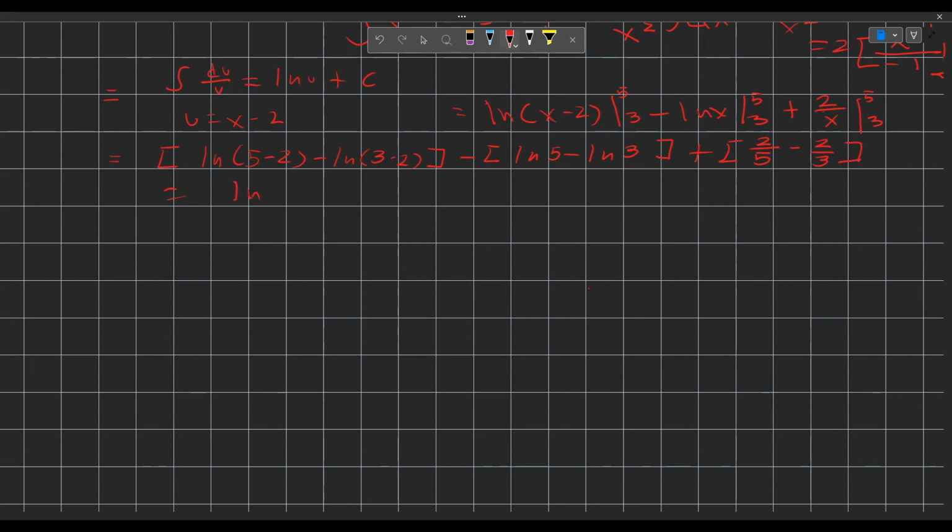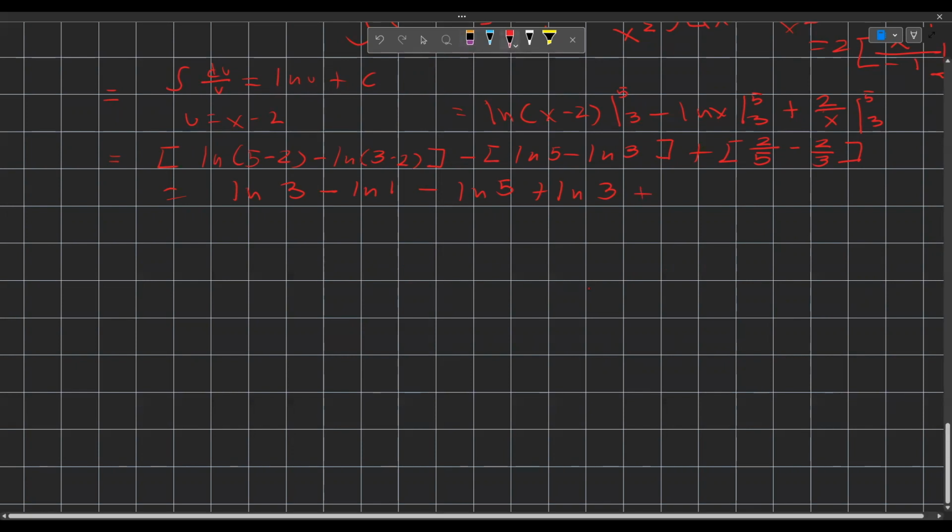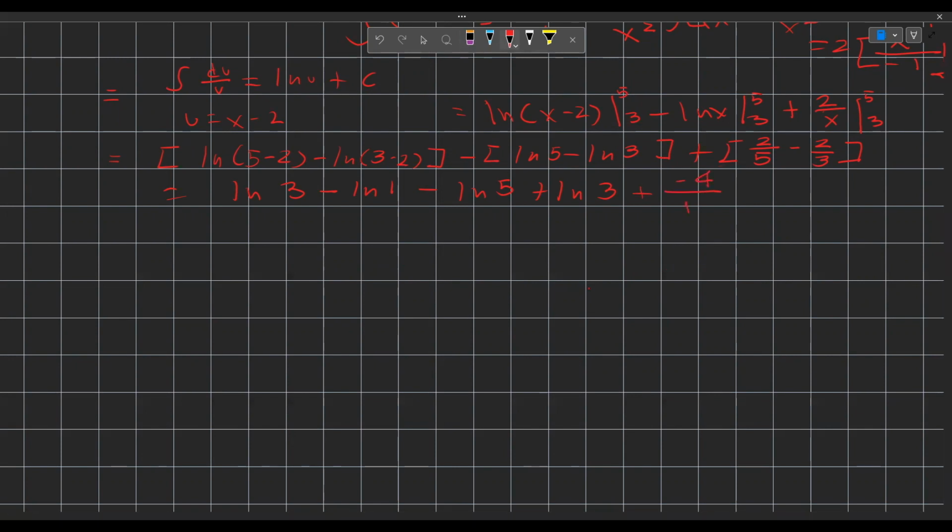This one will become ln of 3 minus ln of 1 minus ln of 5, since minus negative ln of 3 will become positive ln of 3, plus this will become negative 4 over 15.